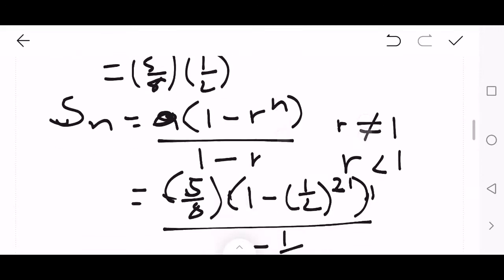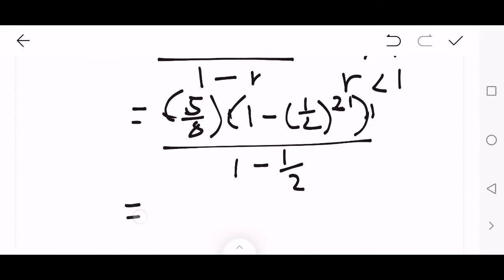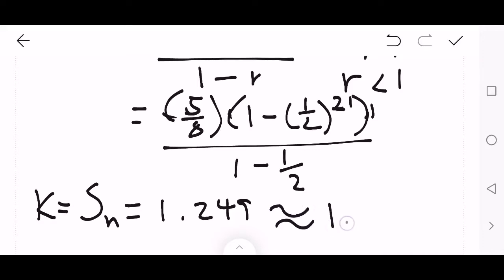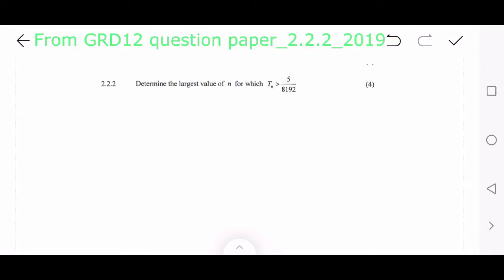So therefore the sum Sn, which is also equal to k, equals 1.249, which is equal to 1.25.